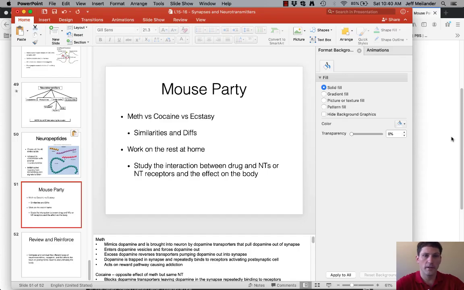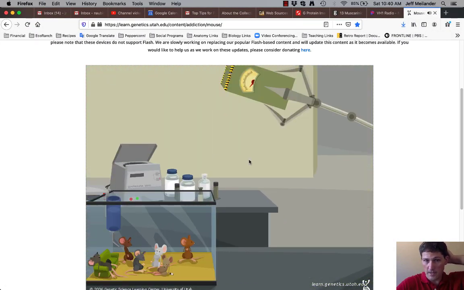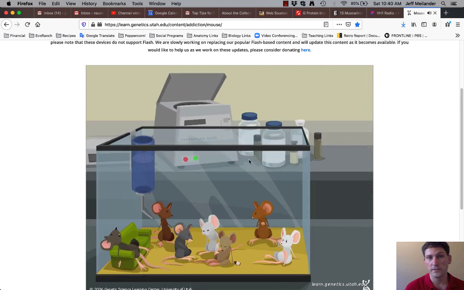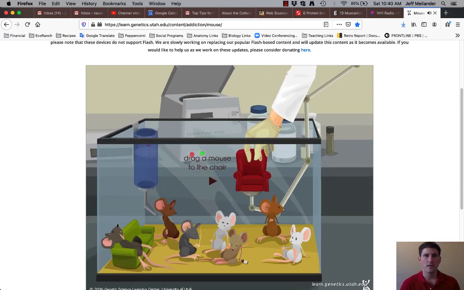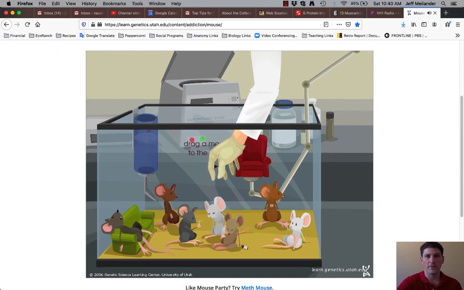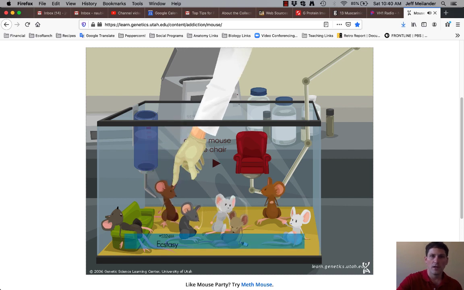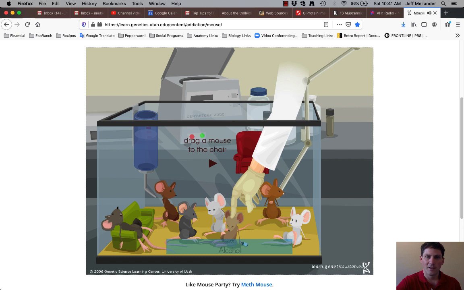So let's go ahead and come over here to our Mouse Party. Now, you will need Adobe Flash Player for this. So if you need to download that, or if you need to use a computer that has it. So basically what you're going to do is, we got this cool little aquarium full of drugged up mice.